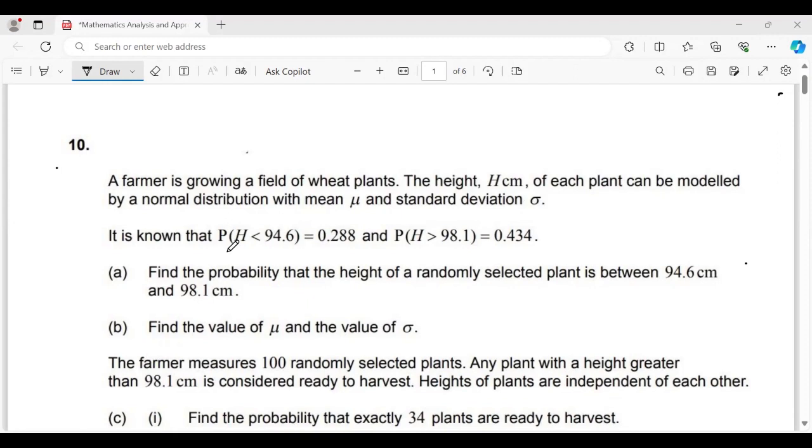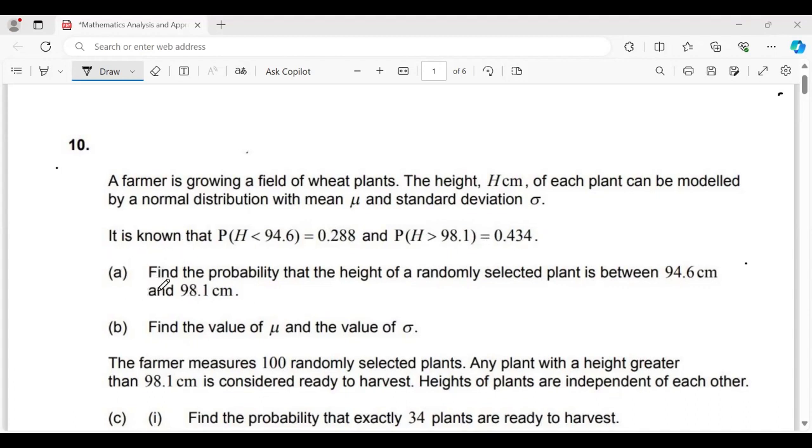It is known that probability h less than 94.6 equals 0.288 and probability h greater than 98.1 equals 0.434.